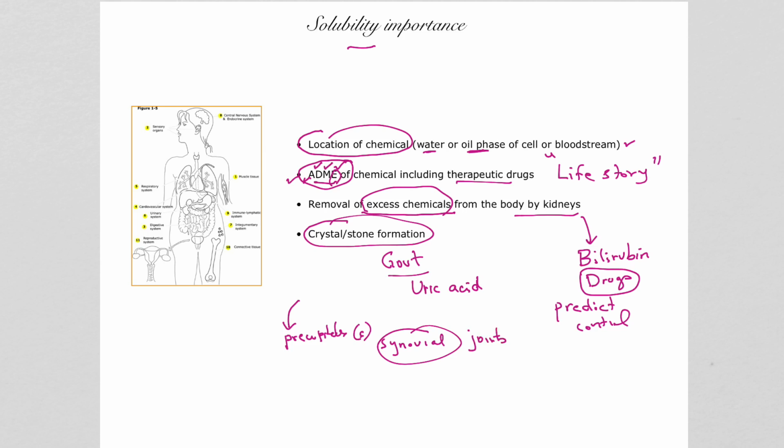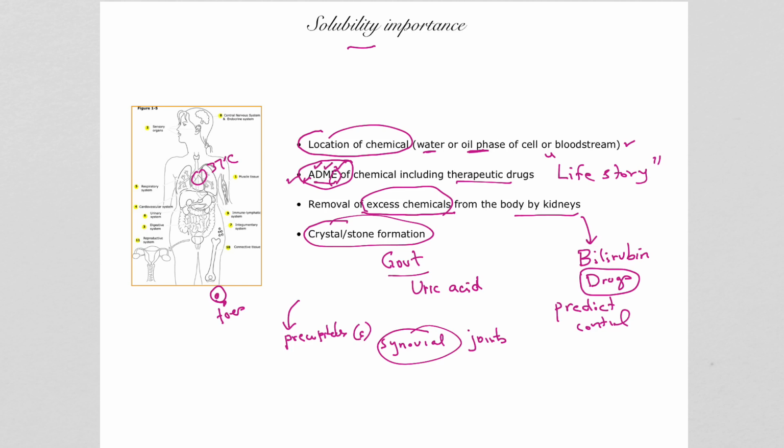And then if there is a decrease in temperature, as you know, decreasing temperature will decrease the solubility. So for example, the core of our body is 37 Celsius, but way down at the toes, it will be much lower. So therefore, uric acid tends to precipitate more, for example, in the toes of the human body.